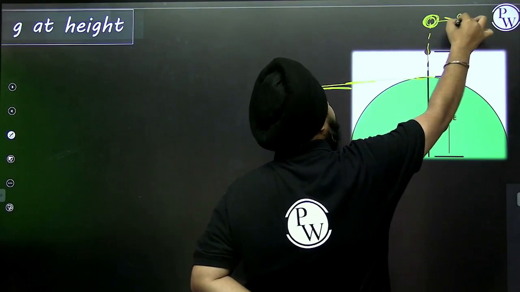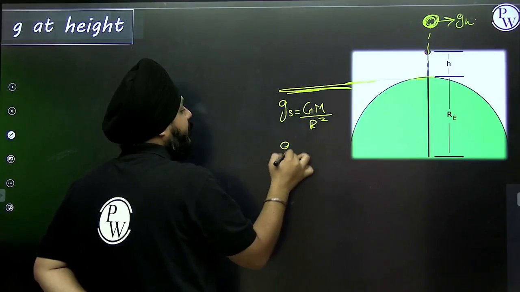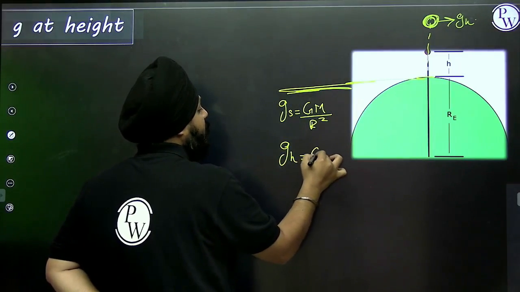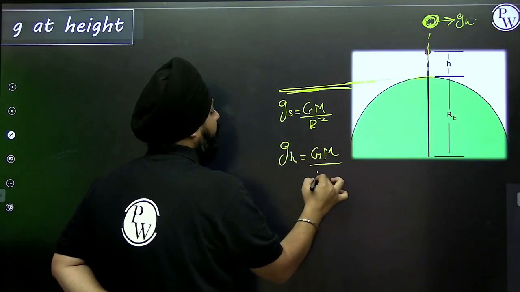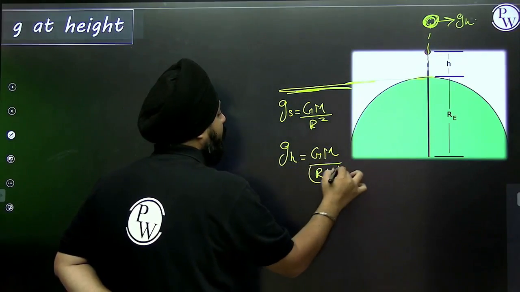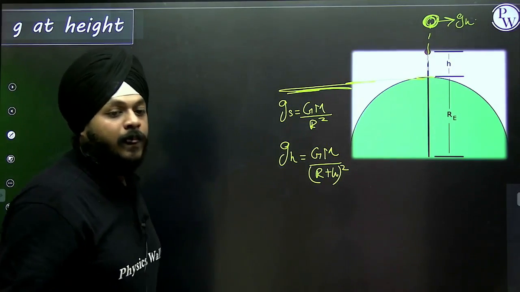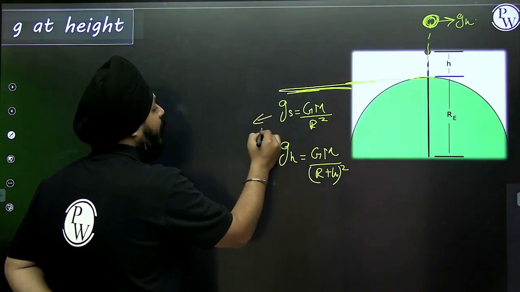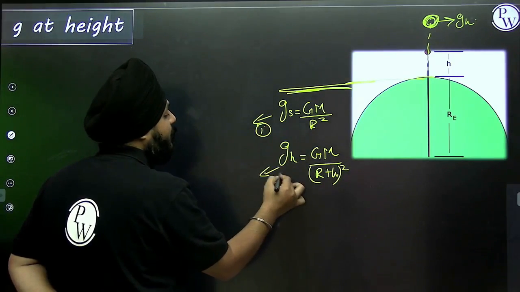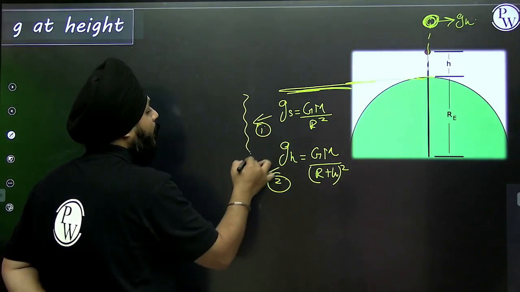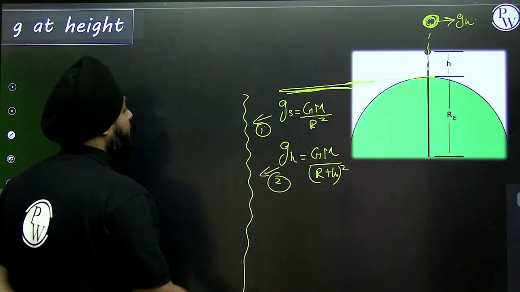What will be the gravitational acceleration at that height? Can I say g of h is G M divided by (r plus h) whole squared? Can I consider this as equation number 1? Yes. Can I consider this as equation number 2? Yes. We are going to resolve this.